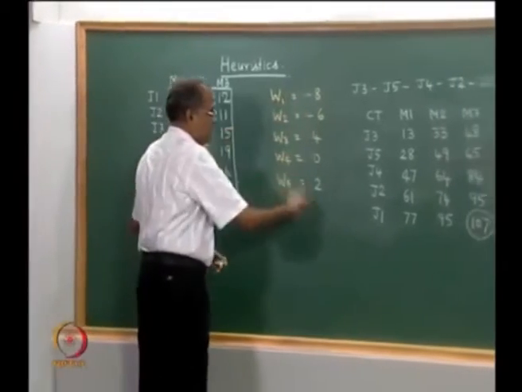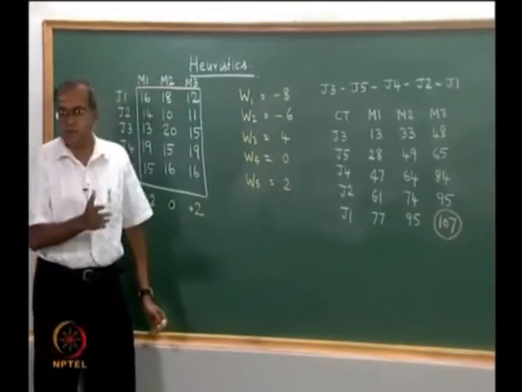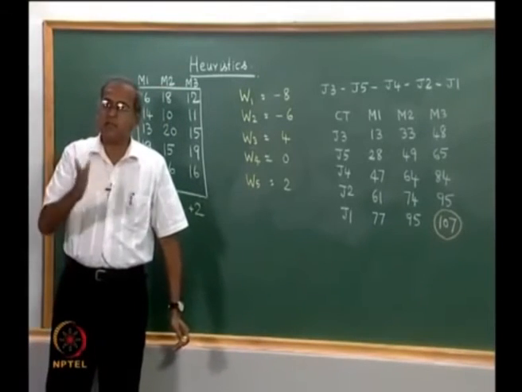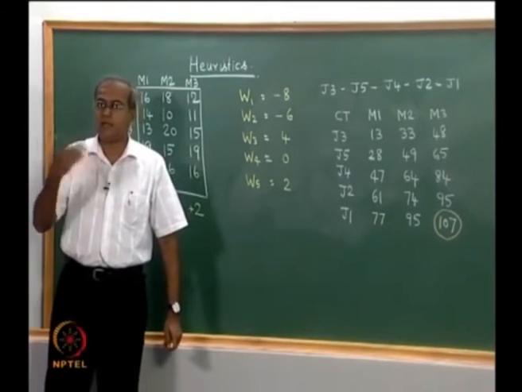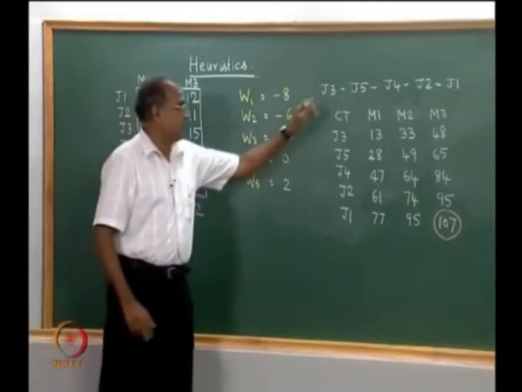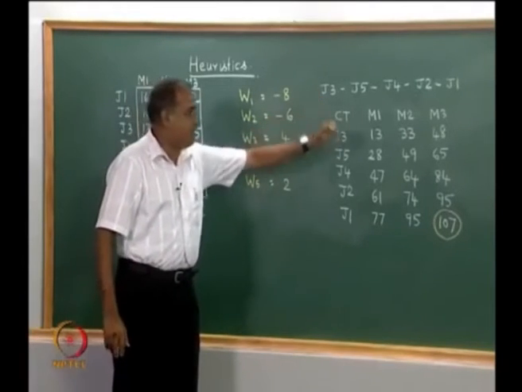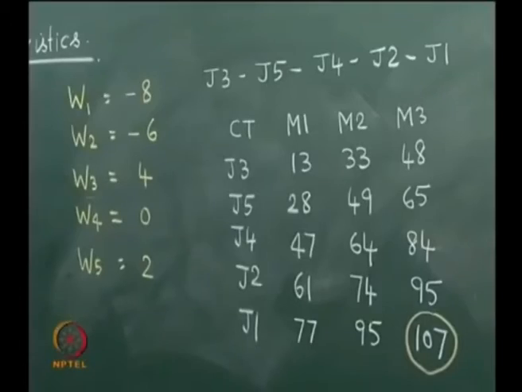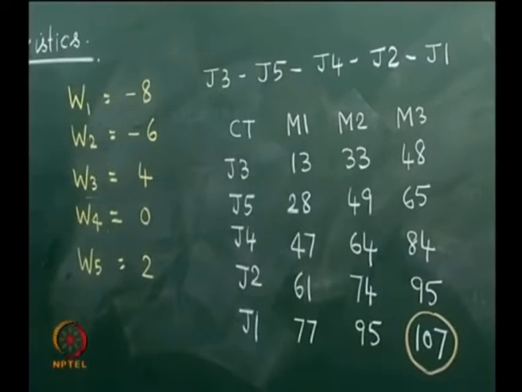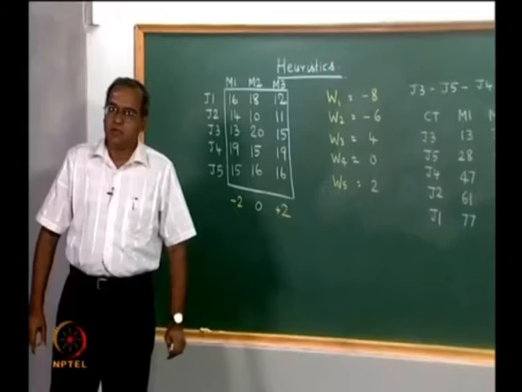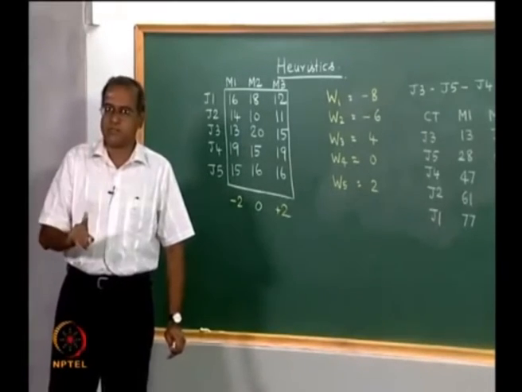Compute that index and then sort the jobs in decreasing or non-increasing value of the indices to get a sequence like this and evaluate the makespan of this sequence, and that gives a heuristic solution. So, this heuristic algorithm will evaluate only one sequence.